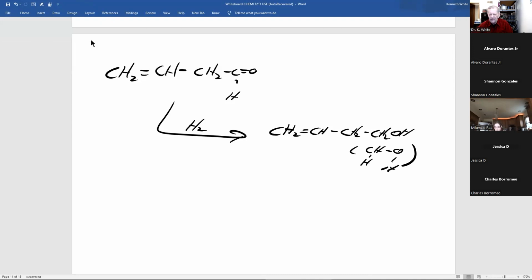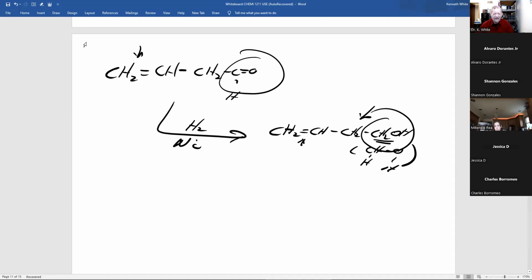And the question is, what if I wanted to make this molecule from this molecule? I say, oh, I don't want to lose my double bond, but I want to convert this into this. So you say, oh, I'll add hydrogen and nickel. And guess what? Wrong. Why? Because you've got two functional groups.